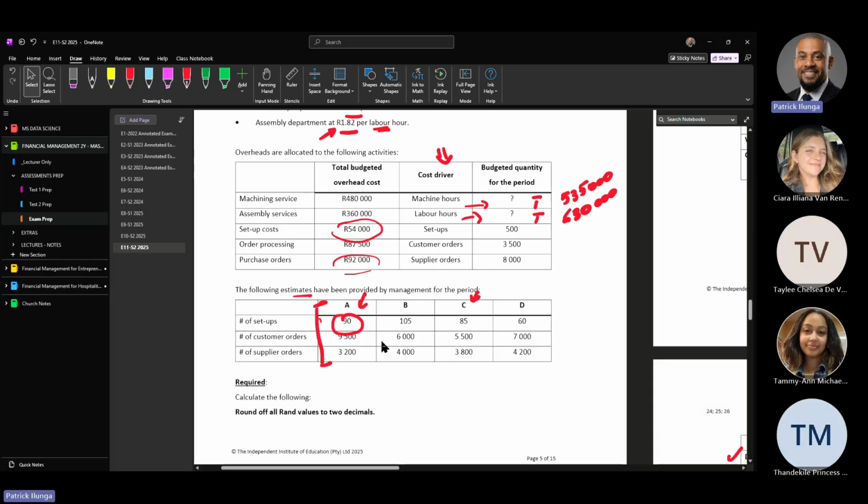Are you guys clear about this? Once you calculate the cost driver, you are just supposed to multiply the cost driver by the number of setups, the number of customer orders, and the number of supply orders. Are we clear, guys? My bad that I was rushing here with my thing about volume multiplied by quantity. I'm sorry about that, guys.